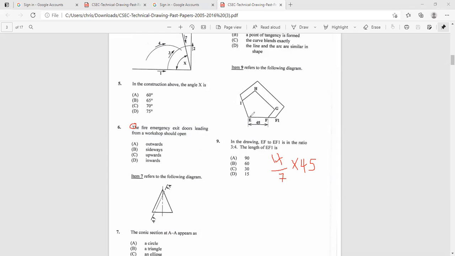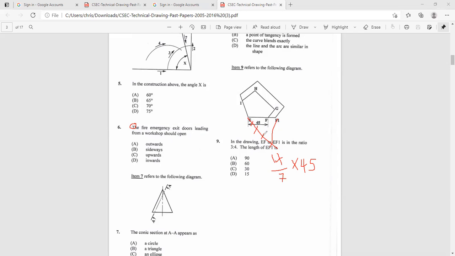So what you do, you then draw a line from here in AutoCAD and you divide this line into 1, 2, 3, 4. Then you join here to there. So it's 3 to 4, which would be 7. It should be 3 to 1, 2, 3, 4.